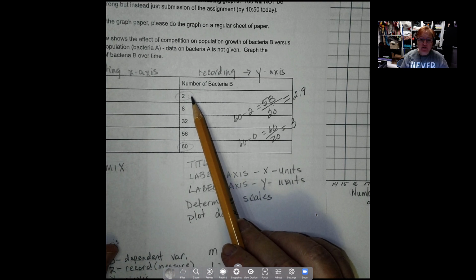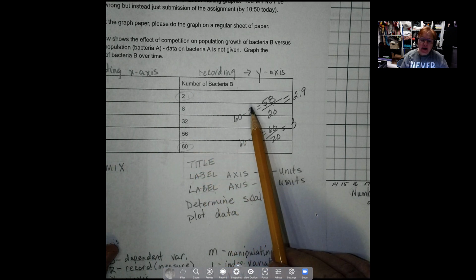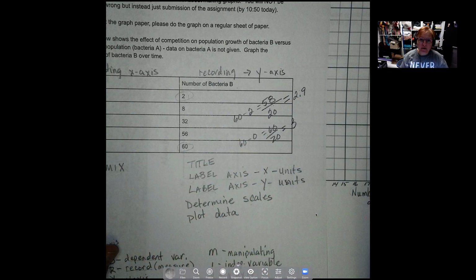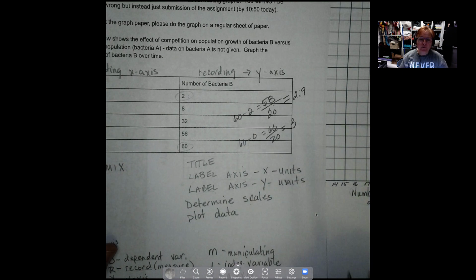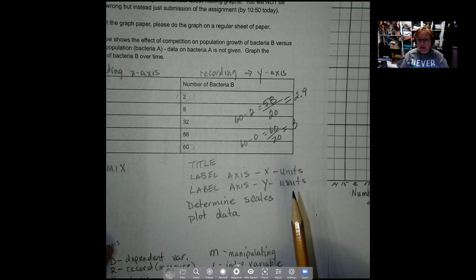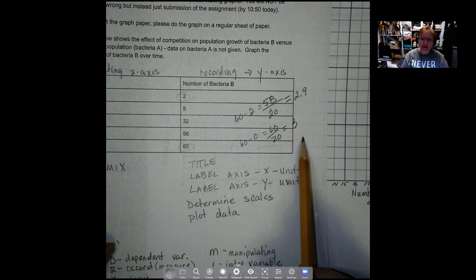If this was 40 to 60, then I would not have used 0, because that would have had a big spot on my graph where I had no information at all. Again, we'll be using different examples, and I'll show you that at some later point. For now, this is the scale.